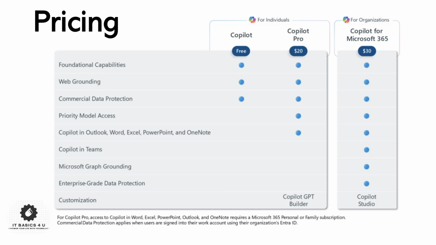and it doesn't use your enterprise data. On the other hand, for organizations, Copilot for Microsoft 365 is available at again a nominal fee of $30 per user per month. You need to have Microsoft 365 access, and then Copilot allows you to do multiple things. It allows you to utilize your organizational data.